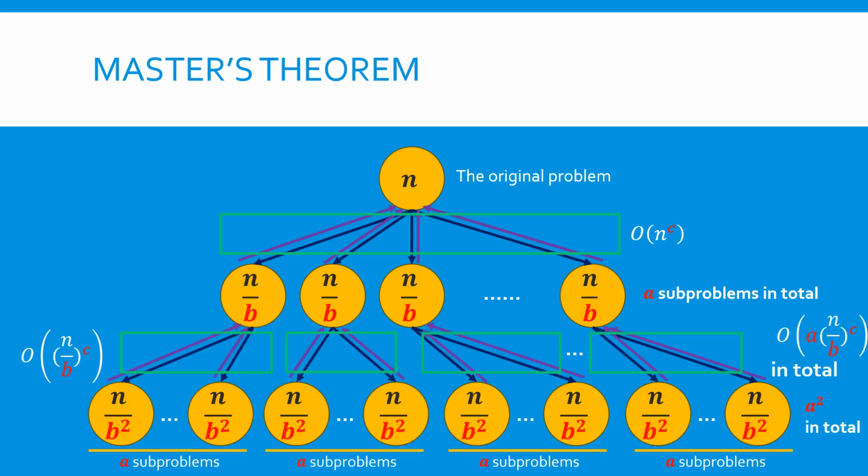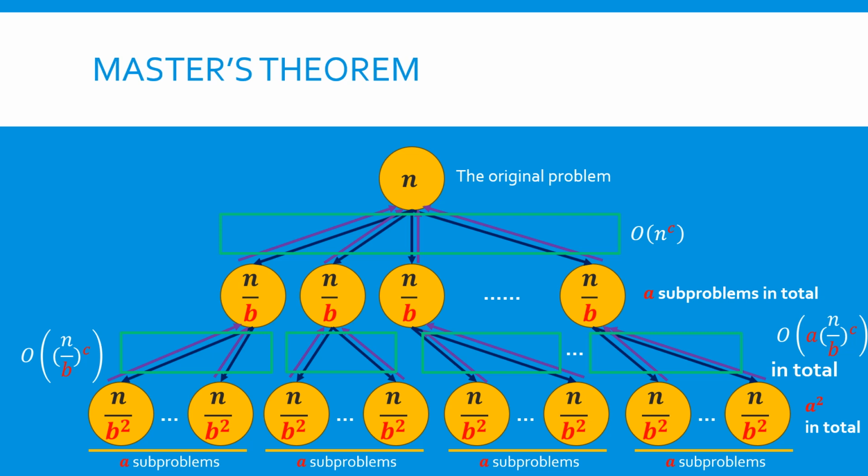Now, let's follow this paradigm and go one layer deeper. In the second layer, the size of each subproblem is further reduced by a factor of B. Therefore, the subproblems in the second layer have a size of n/B^2. Since there are A subproblems in layer 1, and each subproblem in layer 1 is further divided into another A subproblems in layer 2, layer 2 has A times A, or A^2, subproblems in total.